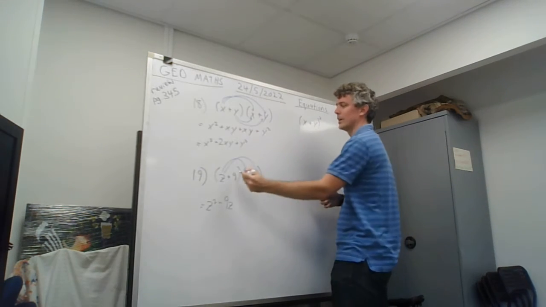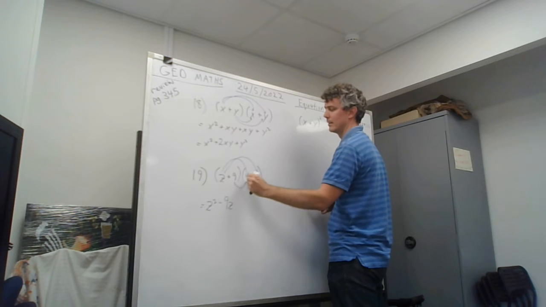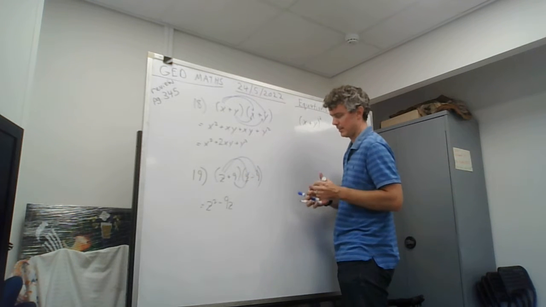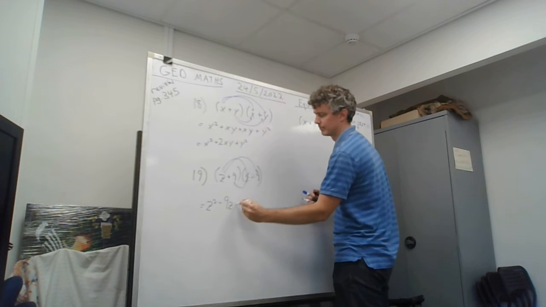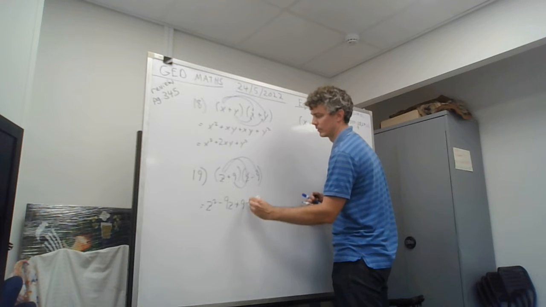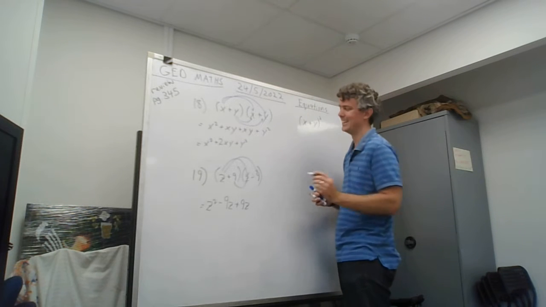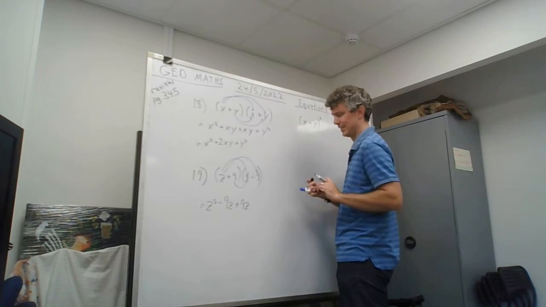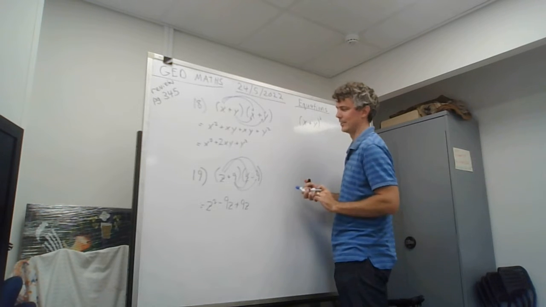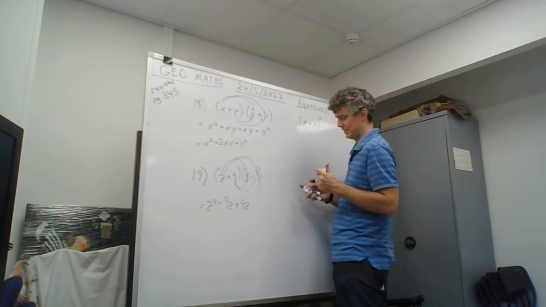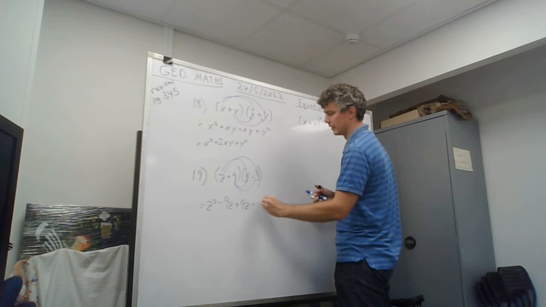Okay, so then we go here. We do 9 times z, so that is plus 9z. And then we do 9 times minus 9, which is minus 81.